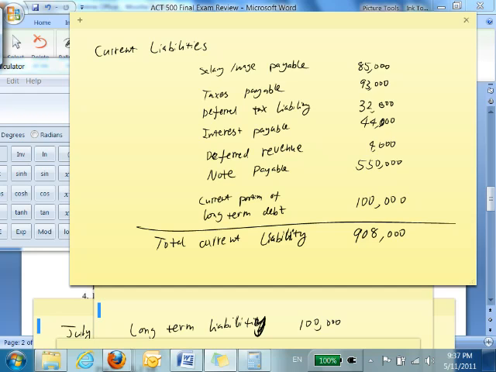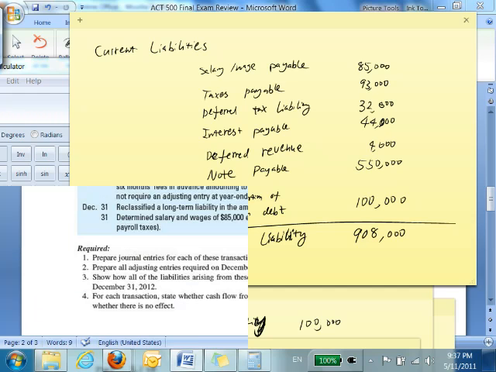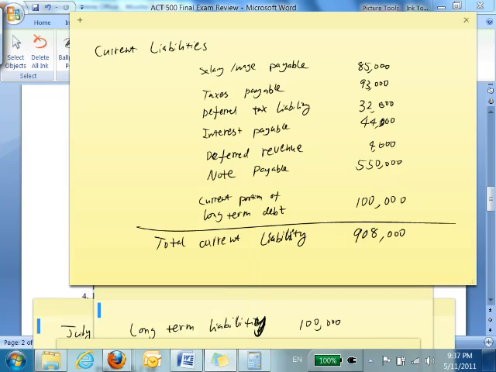This is the answer for requirement 3. Total liability amounts to be recorded as 908,000.